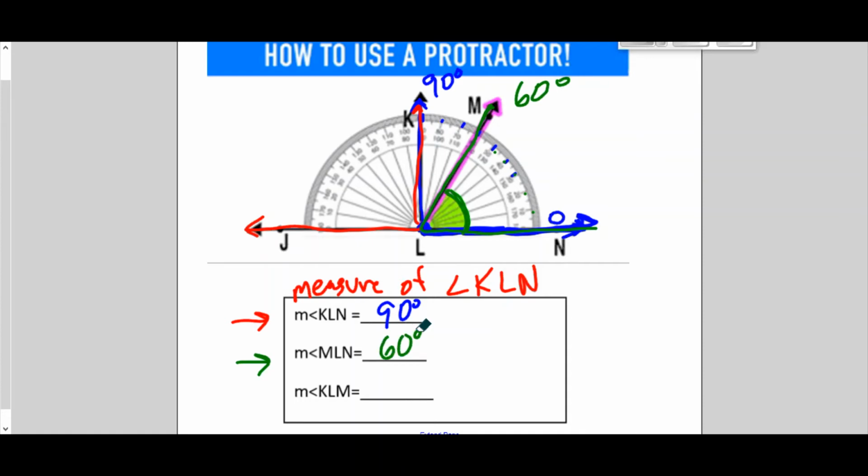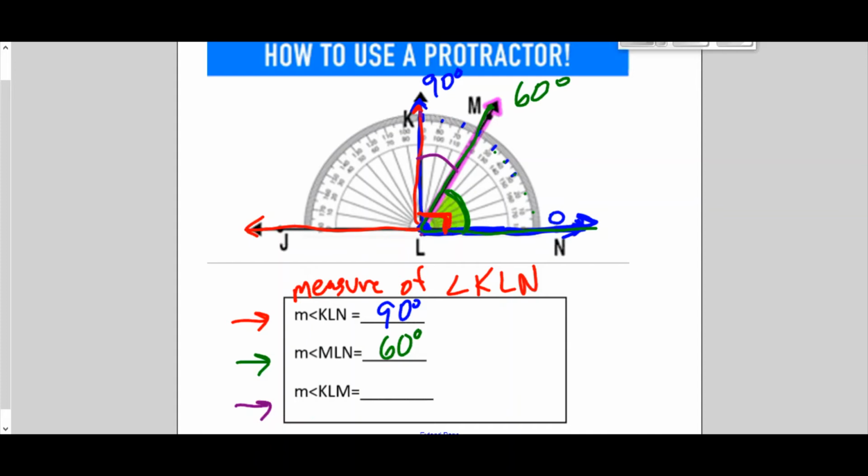And then the last part, what is the measure of angle KLM? So we want this measure for the last part. We can't move this protractor, but there is a mathematical way that we could find it because we know this is a right angle. It's 90 degrees. So the whole angle is a 90-degree angle.